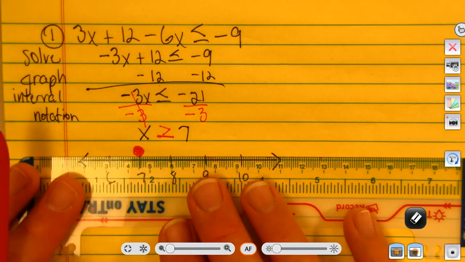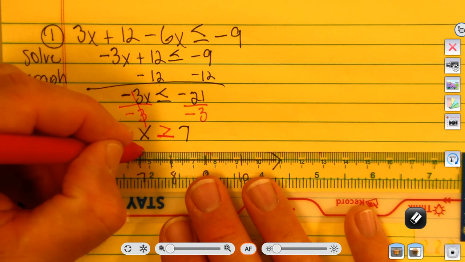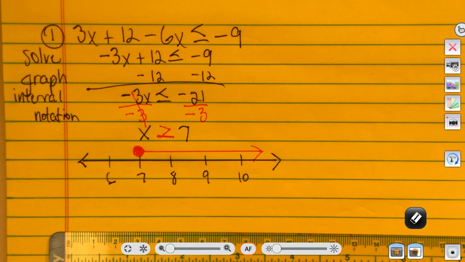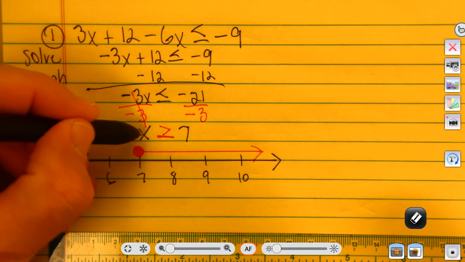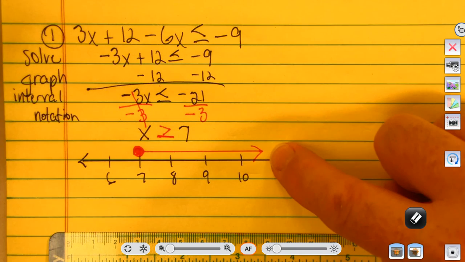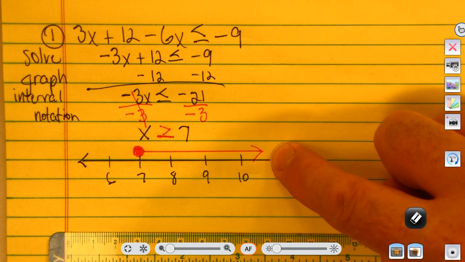That's what that means. So that means my graph is going to look like that. Kind of a shortcut, kind of an easy way to remember it is that if my variable's on the left, my inequality sign points the same direction that my arrow has to on my graph, if that helps you.